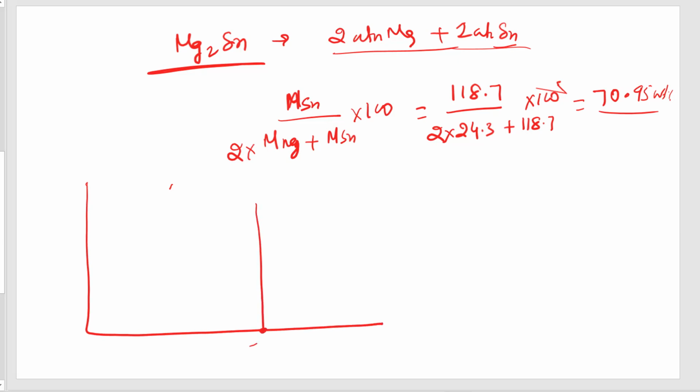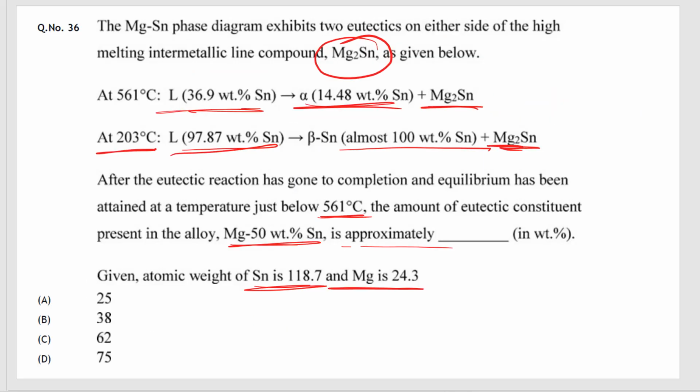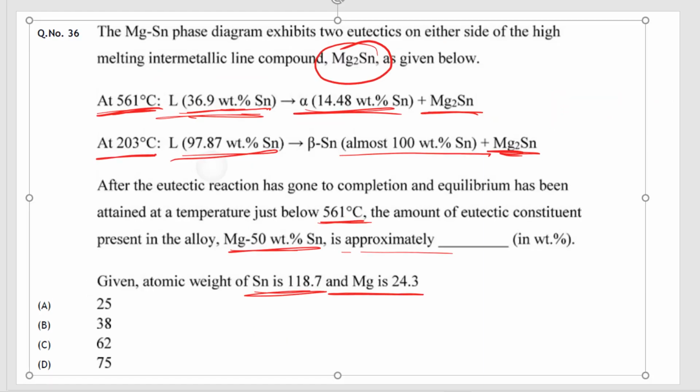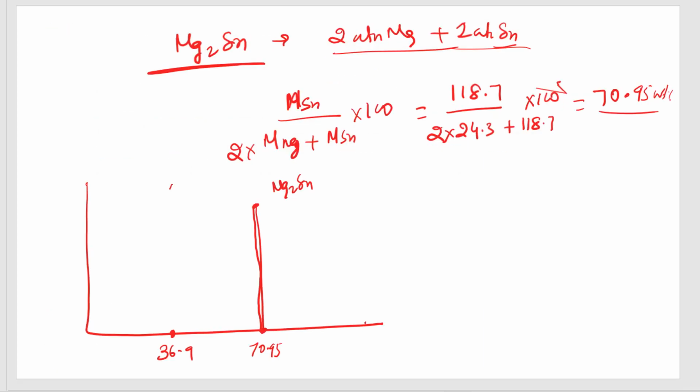Okay, so we'll try to draw the phase diagram. At 70.95, this Mg2Sn is forming, right? And the next condition is at 561 degrees centigrade, liquid with 36.9 weight percent Sn, right? So 36.9 will be on the left hand side. Suppose this is 36.9. And the next eutectic is 97.87, so this will be very close to this one.